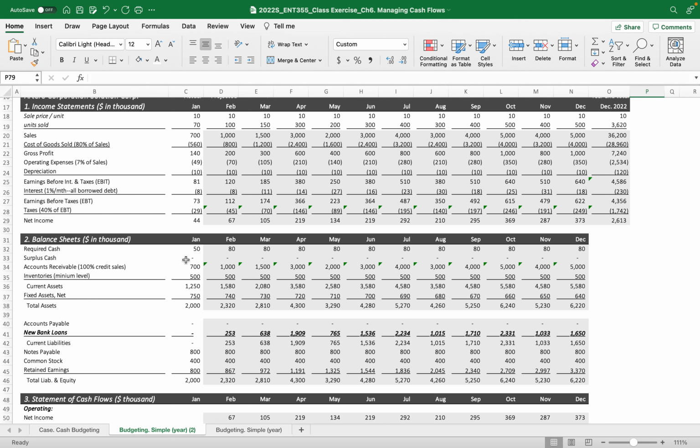Here, regarding surplus cash: if total liabilities and equity are greater than total assets, we have to add the surplus cash. There are no new debt loans, but in this case the company needs new bank loans, as the normal business of a venture firm has.